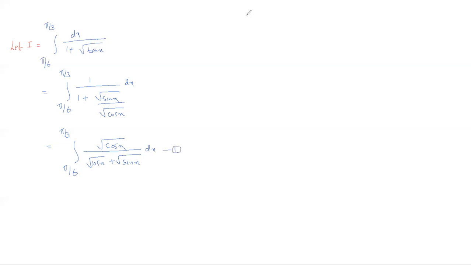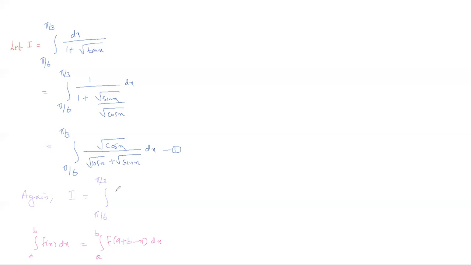Again, I is equal to integral pi by 6 to pi by 3. हमारे पास एक फॉर्मूला था इंटीग्रल a to b प्रॉपर्टी था f of x dx. It can be written as integral a to b x के जगह लोअर लिमिट प्लस अपर लिमिट माइनस x लिख सकते हैं, तभी डेफिनेट इंटीग्रल का वैल्यू चेंज नहीं होगा. So we are applying that property.